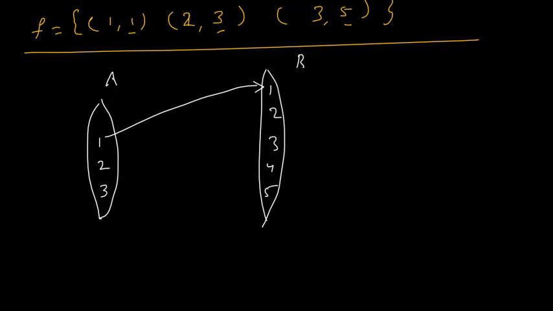So the image of 1 is 1, the image of 2 is 3, and the image of 3 is 5. So this is your function. All the elements from set A must have some image, and they must have one and only one image. So when you write in roster form, the element from set A must come only once. All the first elements are different. They should be distinct. They should not repeat. If it is repeating, then it is not considered a function.